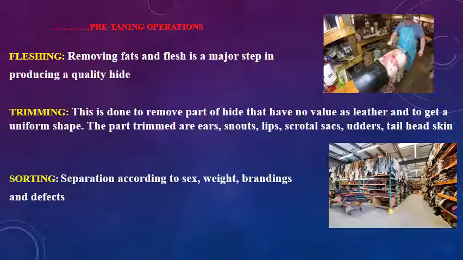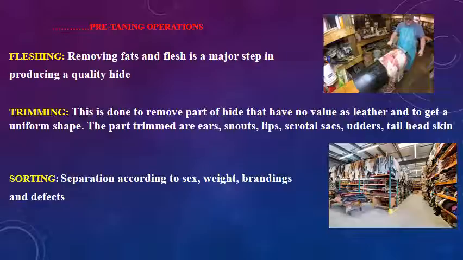This is done to remove parts of the hide that have no value as leather and to get a uniform shape. The parts trimmed are ears, snouts, lips, scrotal sacs, udders and head of the tail. These portions are very uneven and will not be much useful as leather, so they are removed and an even shape is obtained by trimming.